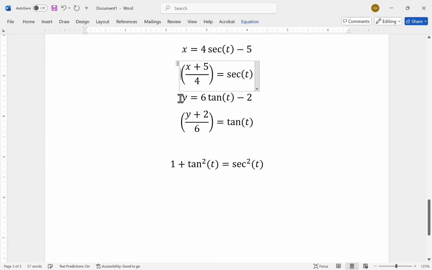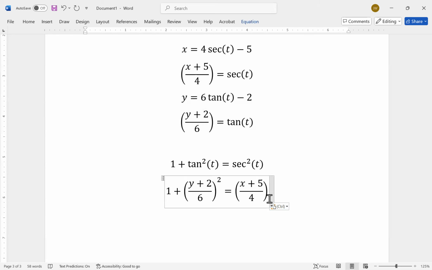I can do that through copy and paste very quickly. 1 plus tangent squared is equal to secant squared. So 1 plus the quantity y plus 2 over 6, quantity squared, is equal to the quantity x plus 5 over 4, quantity squared.